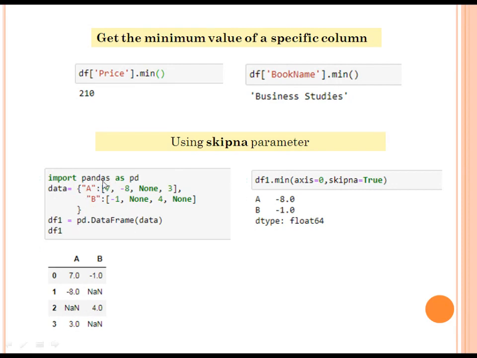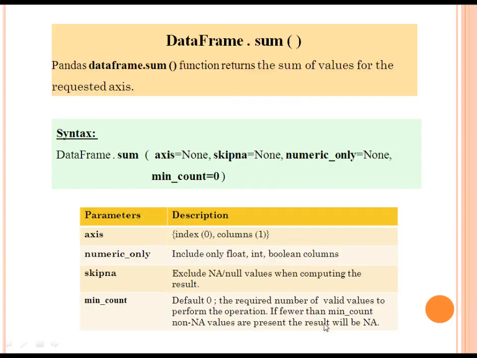So I have taken this data frame with NaN values, okay, and negative values too. Then to find the minimum, it will show me like this. I have to do skipna equals to True. When I put it True, then it will skip all the NaN values and show the actual minimum value. Okay.